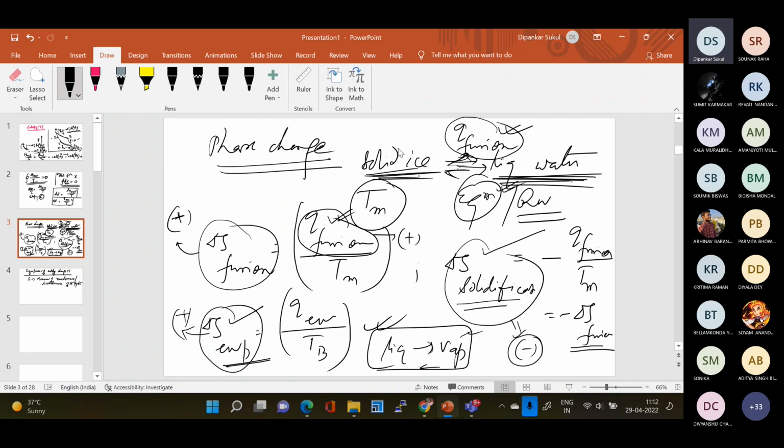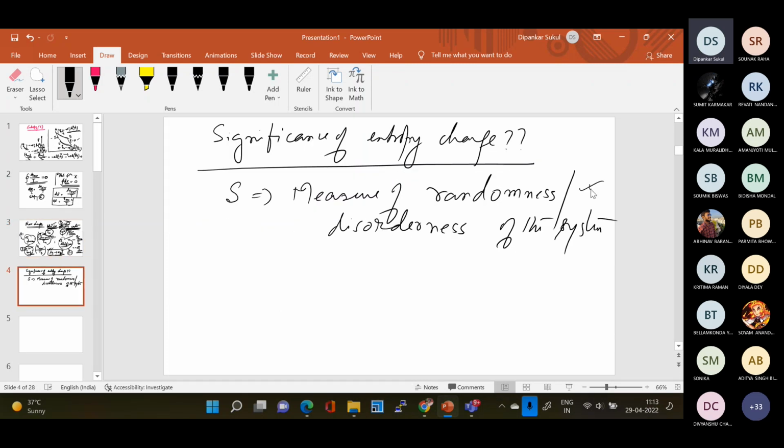Solid ice is less random, less disordered. Liquid water is relatively more random or more disordered. Similarly, liquid to vapor, randomness or disorderedness increases. Hence, whenever entropy is increasing, it corresponds to an increase in the disorderedness or randomness of the system. That's why it is regarded as the measure of the randomness or disorderedness of the system.